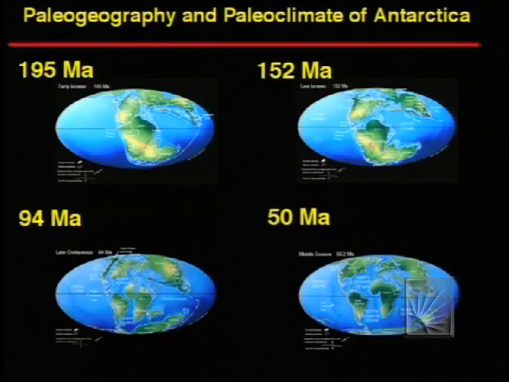Now, the story of the Southern Ocean and the story of Antarctica is ultimately tied into a paleogeographic story of the former super southern continental landmass Gondwana. And most of you probably know that the reason why a lot of organisms in Africa and South America are very similar to each other, plants, animals across the tree of life, is because Africa and South America used to be connected about 95 million years ago.